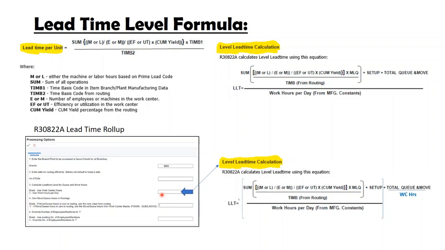If we were to put a 1 here to use the manufacturing constants, it doesn't have to adjust the formula. It just adds it in and then divides everything by the manufacturing constants. This is the most popular formula required or requested by companies. Therefore, this processing option is most likely set to blank.